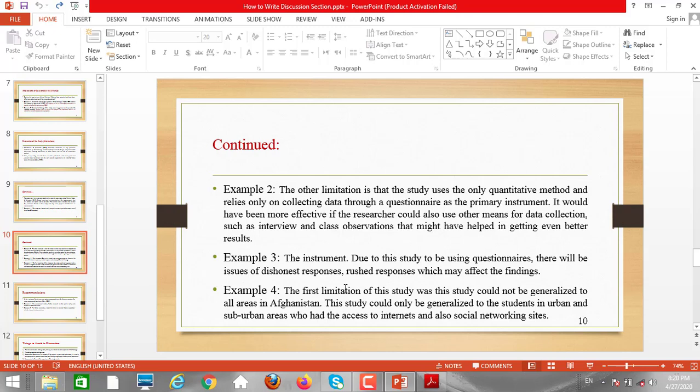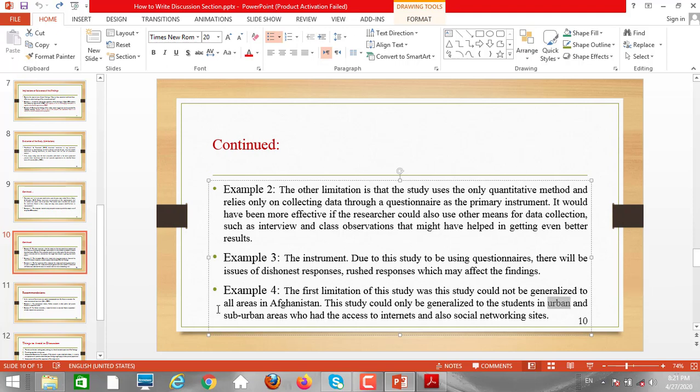Also, in the last example, you can say that my findings could not be generalized to all areas of Afghanistan. Why can it not be generalized? Because I only selected my sample from urban and suburban areas.